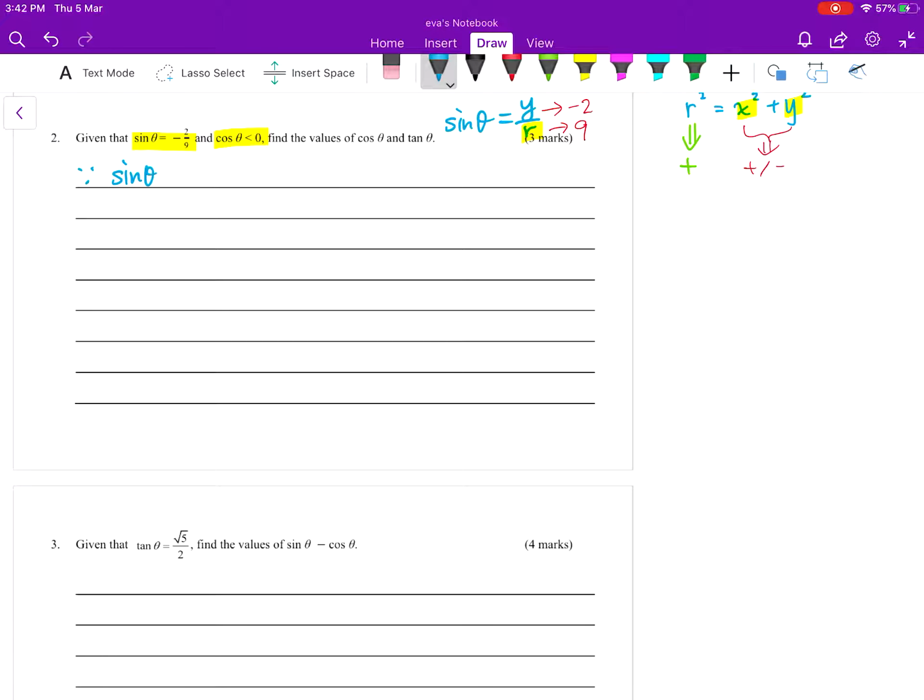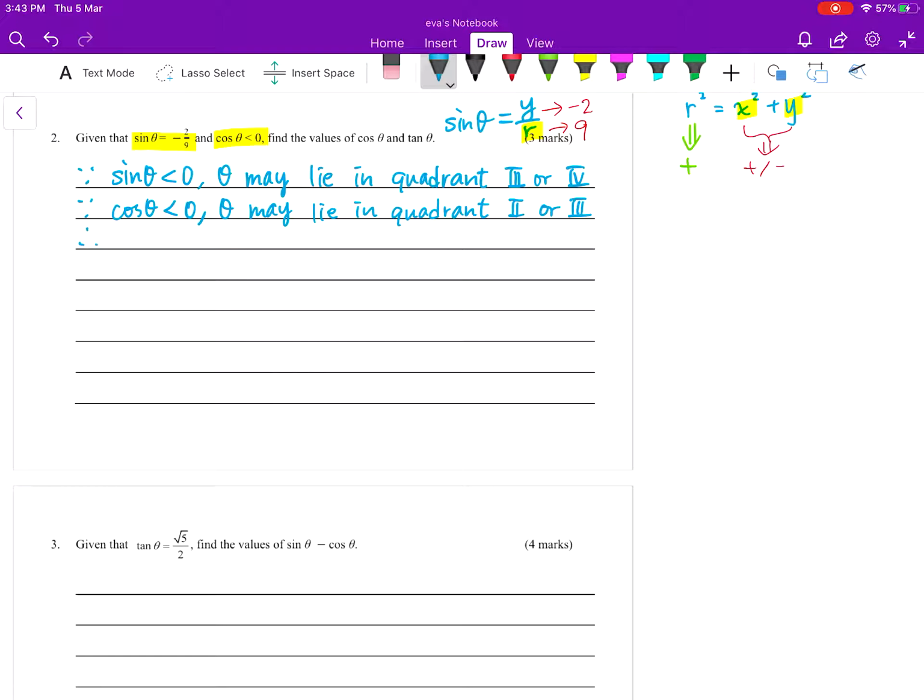Start with sine theta less than 0, so theta may lie in quadrant 3 or 4. And cosine theta is also less than 0, so theta may lie in quadrant 2 or 3.